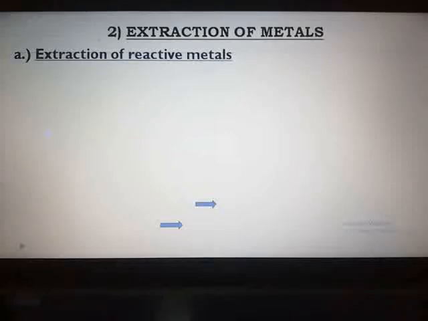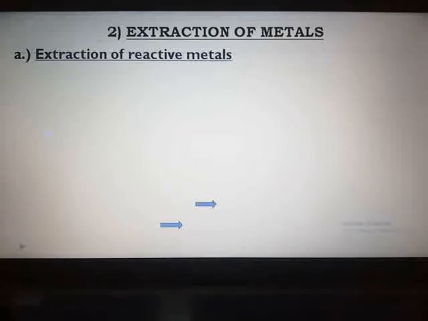So first we will see the extraction of reactive metals, moderately reactive and less reactive metals. Then we will move towards refining, and towards the end we will start with extraction of aluminium. Even though extraction of aluminium is given in between in this chapter, first we will see the different extractions.